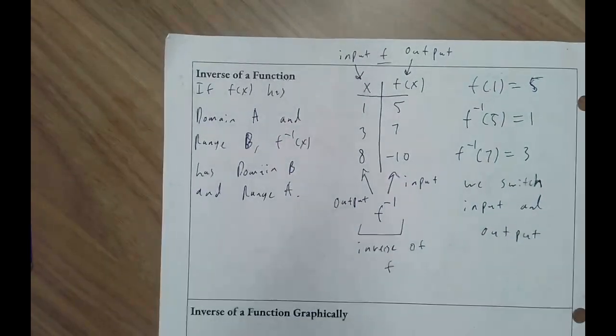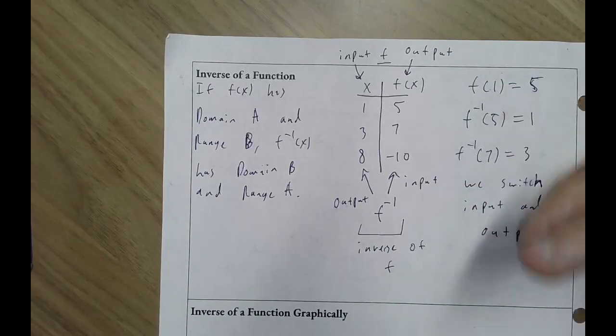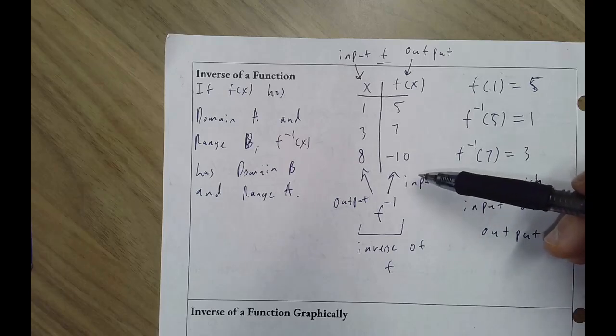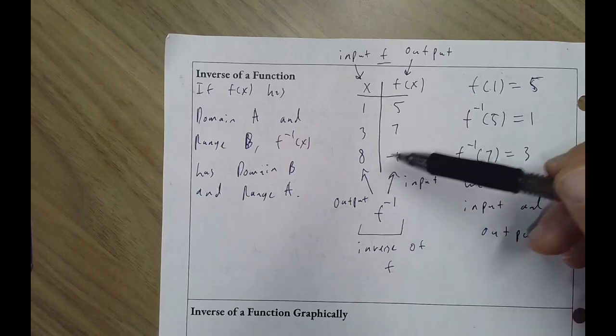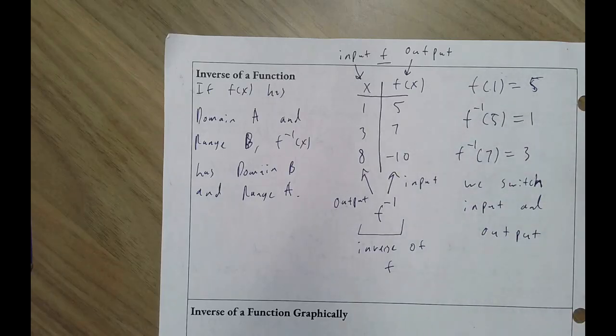That makes sense, right? Because we're changing what is the input to be the output of the original. Well, that's our new domain. And our new range is what was formerly the input. We're just switching the output and the input. So we're switching domain and range.